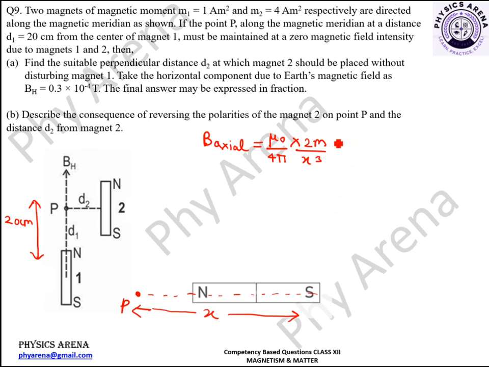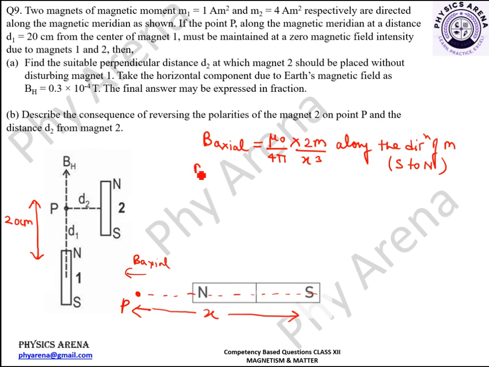The direction of this magnetic field will be along the direction of magnetic moment, that is from S to N. So this will be towards this side, B axial.